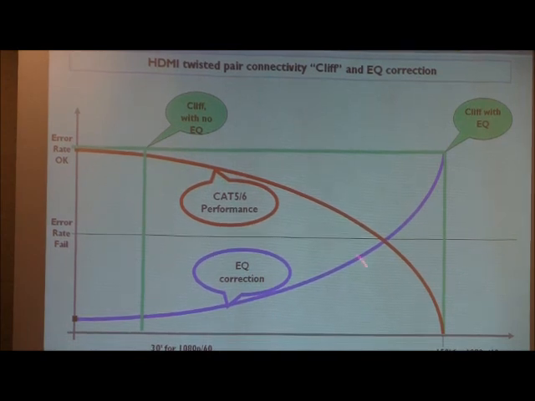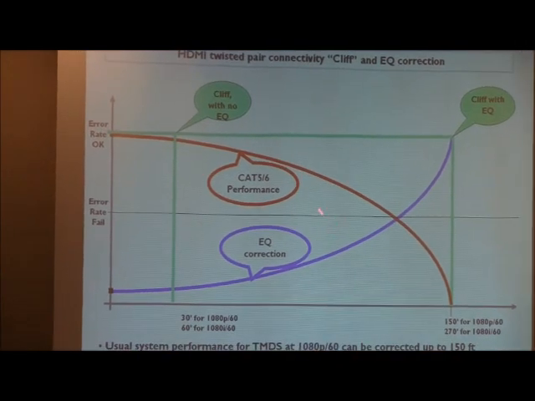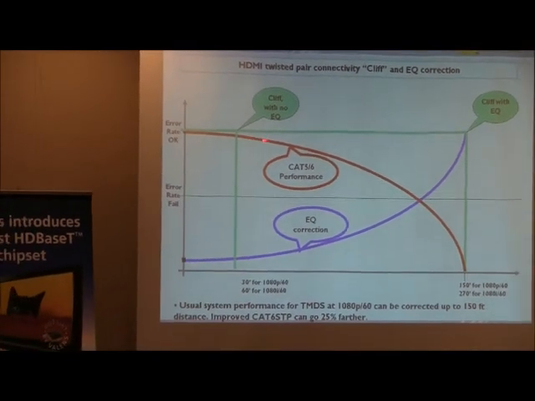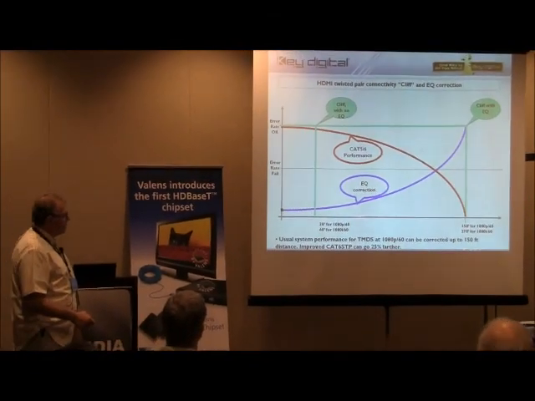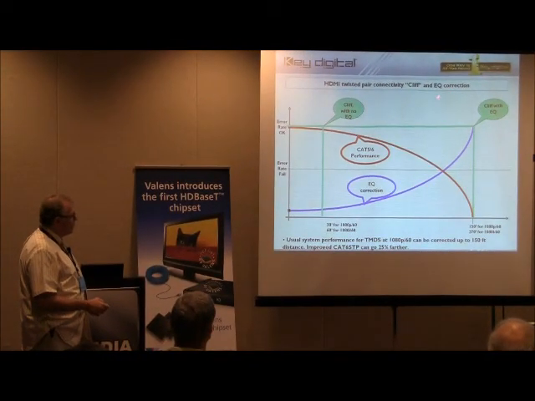So I made this simple chart that basically explains what happens with length. It is sort of a one-dimensional chart. It basically shows the degradation of the data performance over Cat5/6 cable versus distance, and using so-called EQ, equalization, how this degradation could be compensated on the other end.